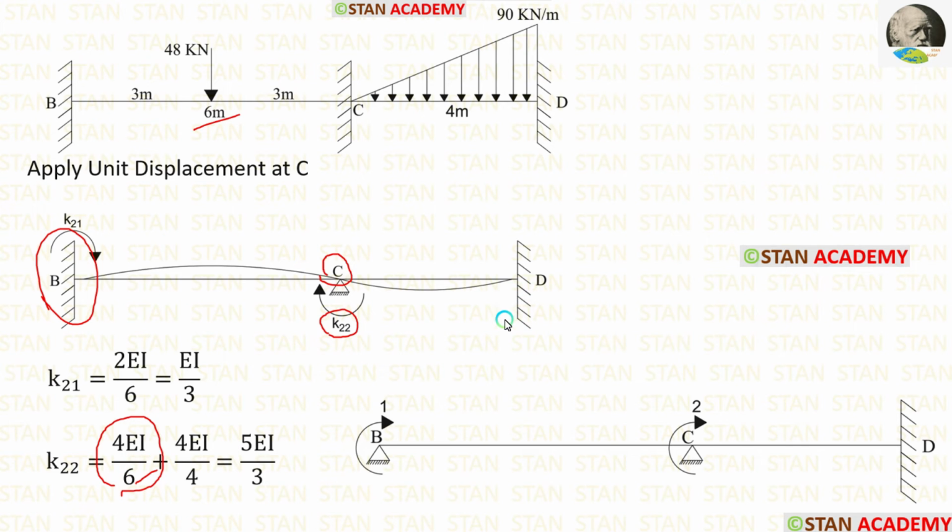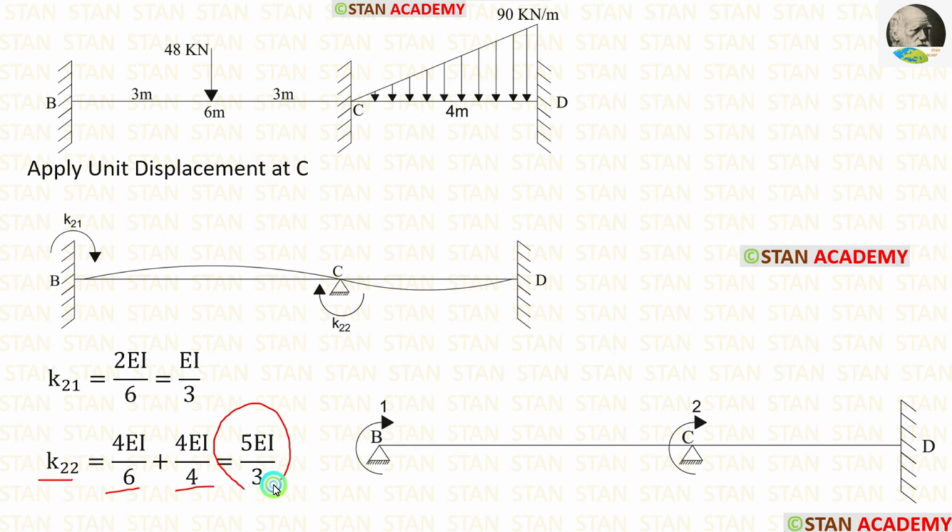Now let us look on the right of C. On the right side also, there is a fixed support. So we have to apply the same formula 4EI upon L. Length of CD is equal to 4. Let us apply that. For K22, there are two values. We have to add both of them. After adding, we are getting 5EI upon 3.